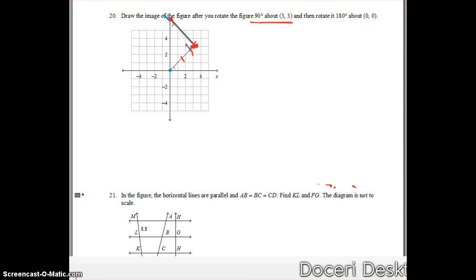Now I'm going to take my new line right here, and I'm going to rotate that one 180 degrees about point (0, 0), which is the origin. So I'm going to rotate about this point. First I'm going to call this A, and I'm going to call this point B. I'm going to rotate A 180 degrees.